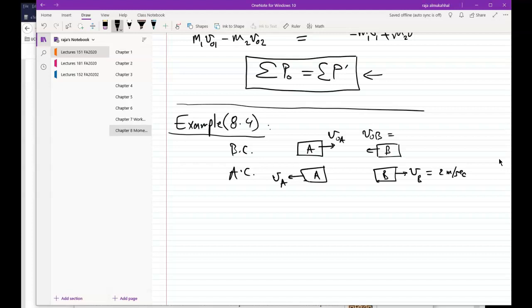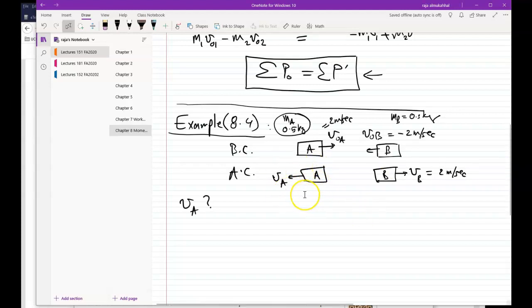And the initial velocity of glider B is -2, as you know, negative because it's moving to the left, correct? And then glider A, the initial velocity is 2 meters per second, okay? And he gives you the masses. The mass of A is 0.5 kilogram. Sorry for the clutter. And then the mass of B is equal to 0.3 kilogram, okay? There we go. And now he wants, what is the speed of glider A after collision?